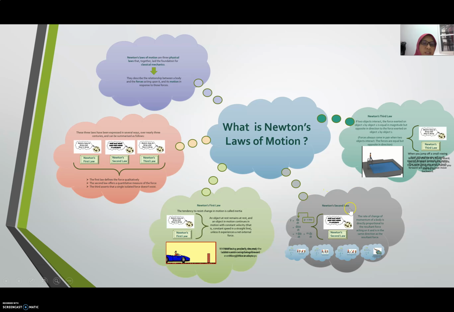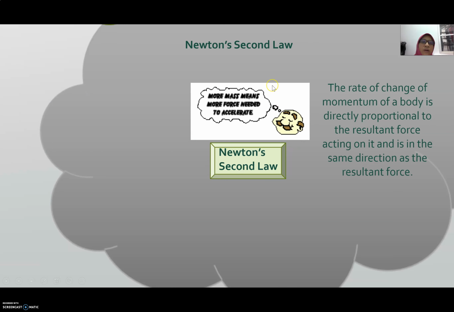Okay, next we discuss Newton's second law. Newton's second law states that the rate of change of momentum of a body is directly proportional to the resultant force acting on it and is in the same direction as the resultant force. So from the statement here, we can write in mathematical form where F equals dp by dt.